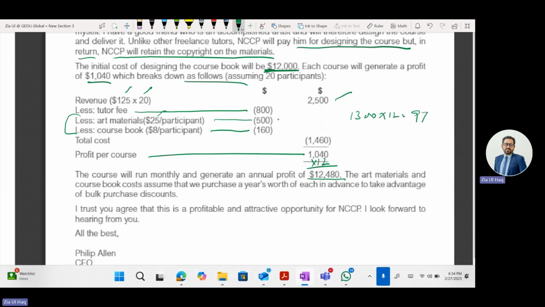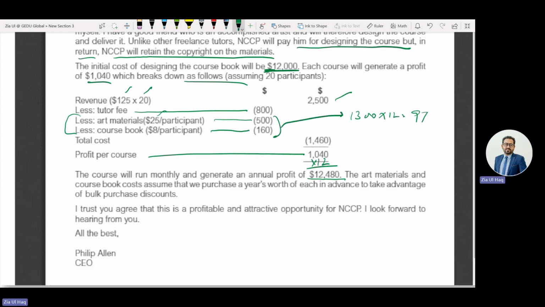This 500 plus 160 is how much? 660 multiplied by 12, 7920. This means initially at the start of the course, you need to bear 12,000, and you need to bear 7920 because you want to buy in advance to take the discount. This means 12 plus almost 8,000, so 20,000 approximately is your investment required.